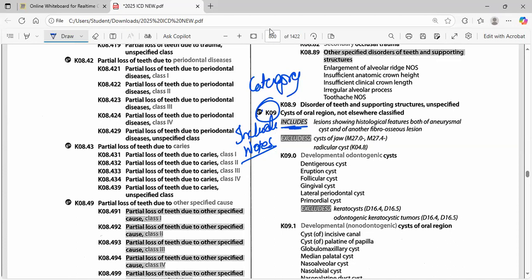So the include note will help us to get an idea, or an example of the category, of what all conditions are included in the category K09.